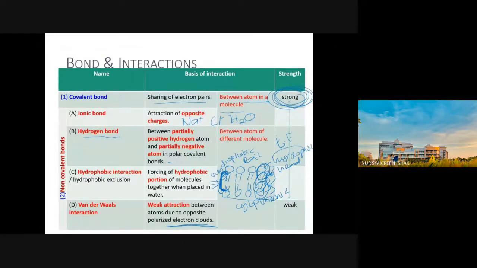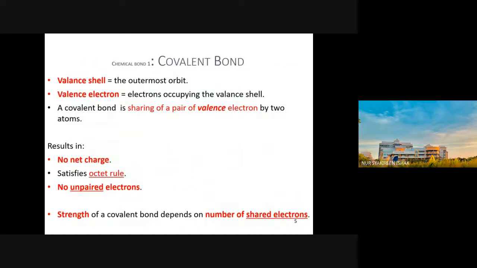So hydrogen bonds, hydrophobic interaction, van der Waals interaction are examples of weak bond. If the bond exists individually, it will be weak, but if they exist in large amount, it will form quite a strong interaction.